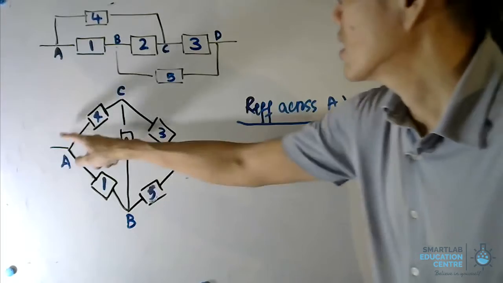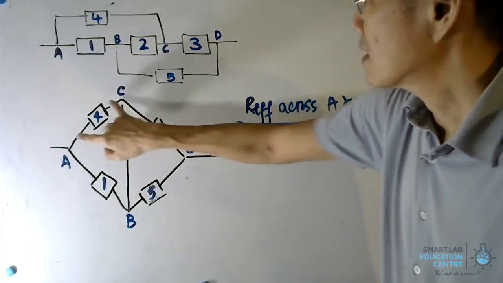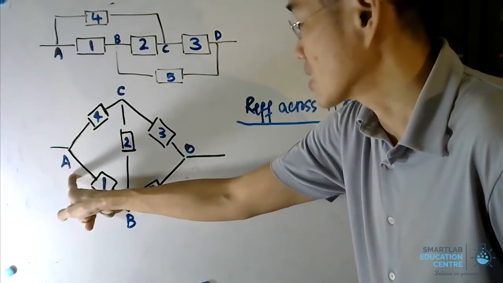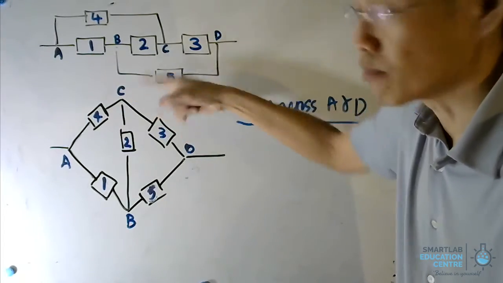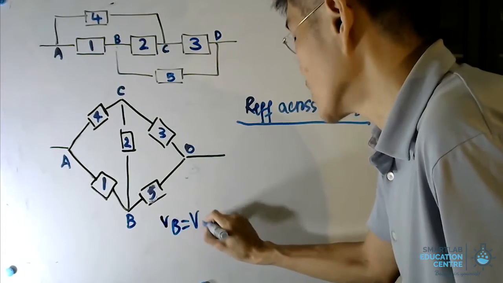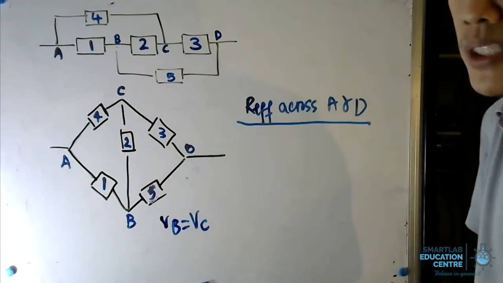The reason is because this is exactly symmetrical to this part, which means the potential difference across here and across here is the same. The potential difference across here and across here is the same, which means VB must be equal to VC. Hence, there will be no current flowing in resistor 2.